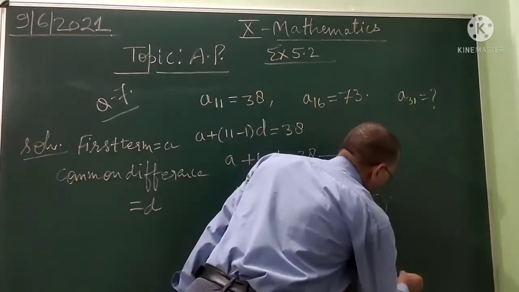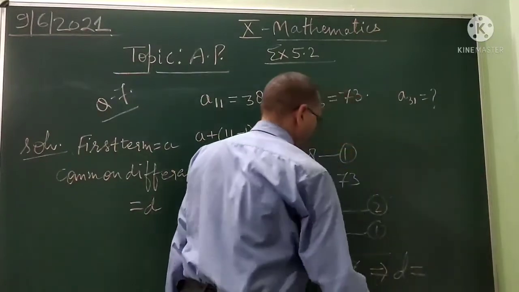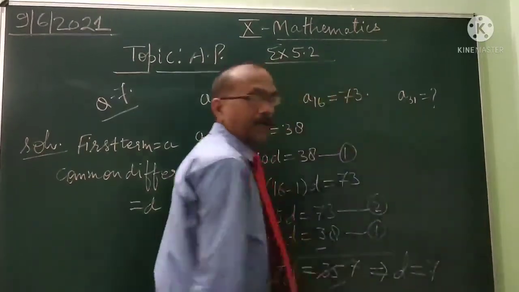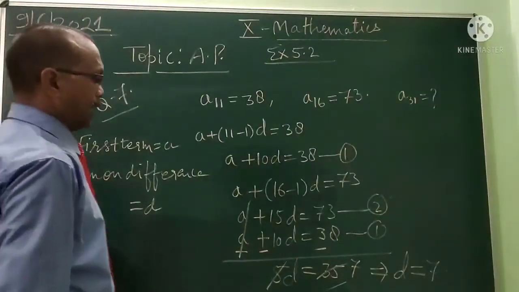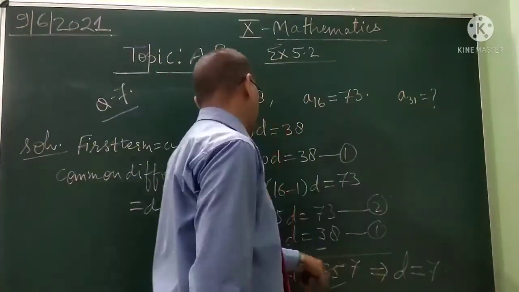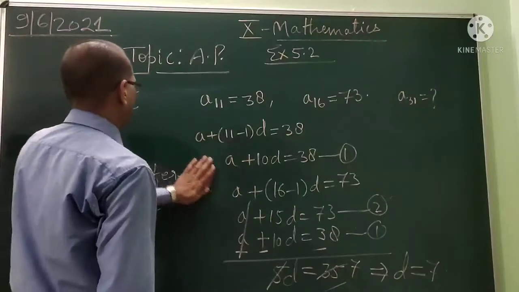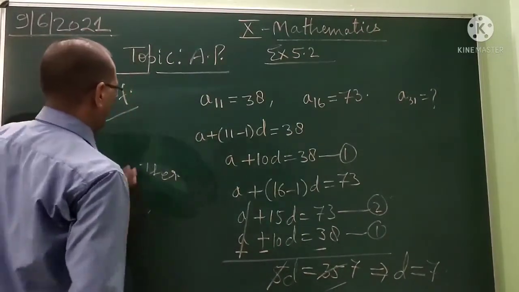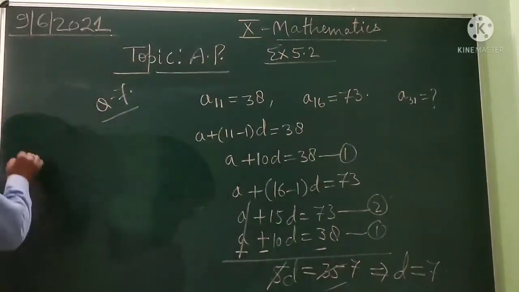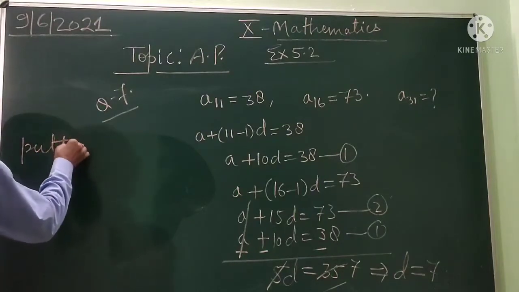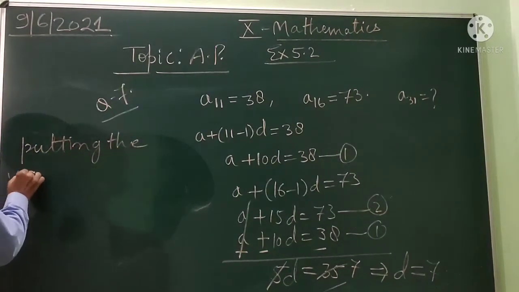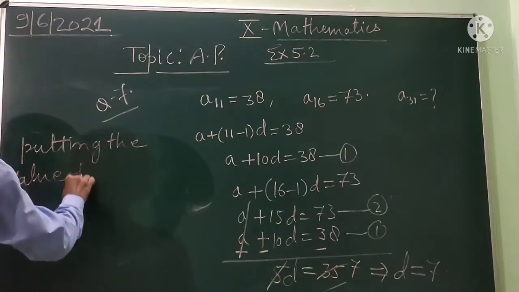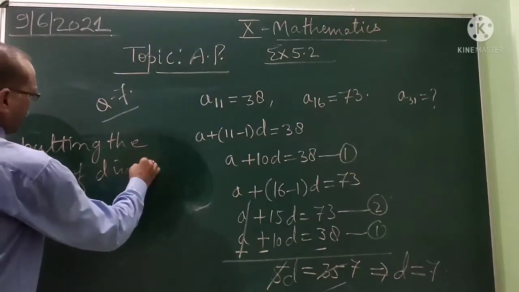So the value of d equals 7. Now we will find the value of a, putting the value of d in equation 1.